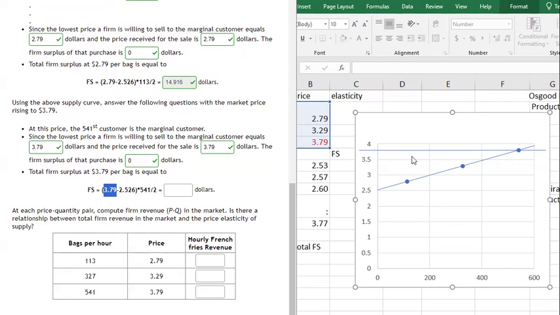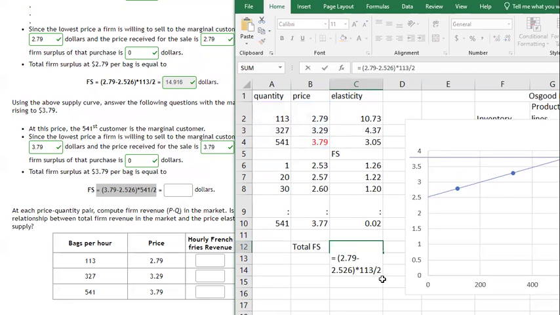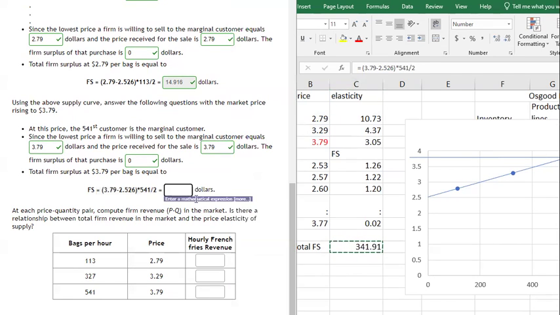The width of this triangle is the quantity 541. If I just multiply those two, I get an area of a rectangle. I want the area of a triangle, so I got to divide it by 2. So this gives me the new total firm surplus, and it's going to be bigger than what it was before. To 2 decimal places, the new total firm surplus is 341.91.